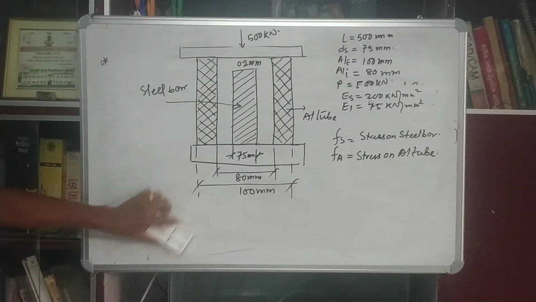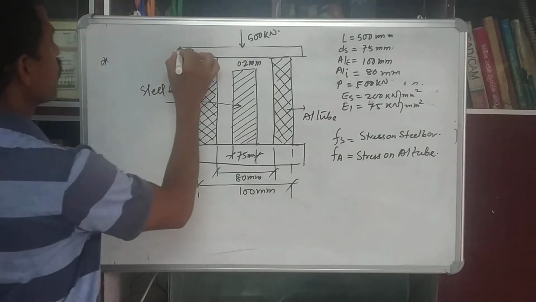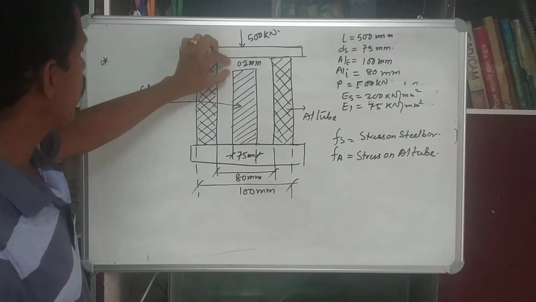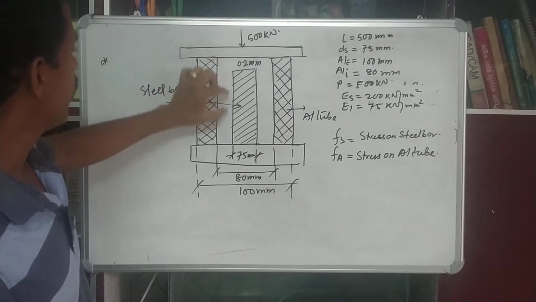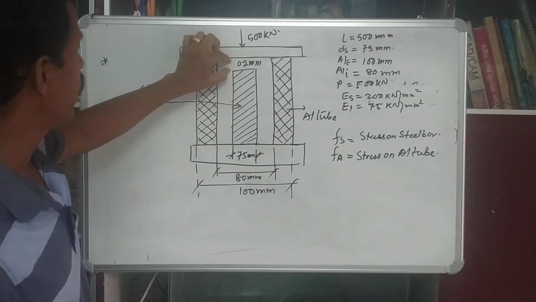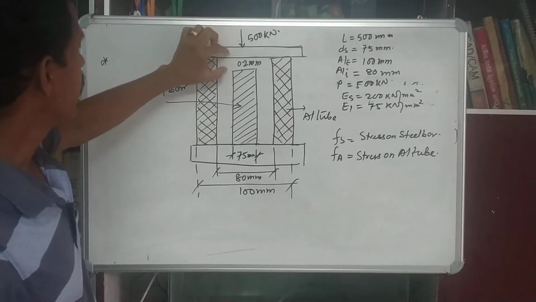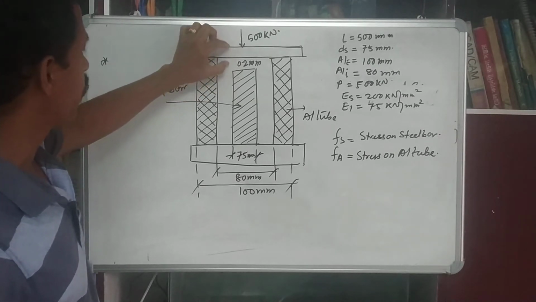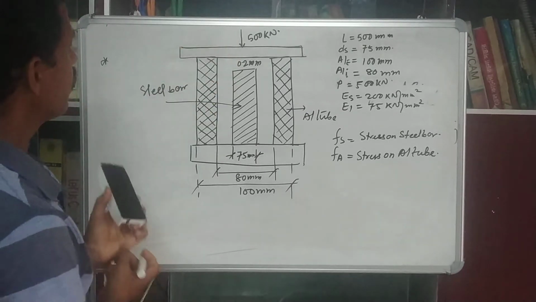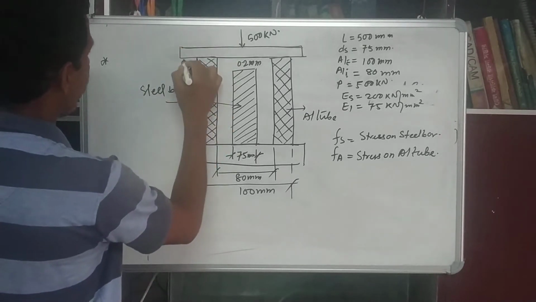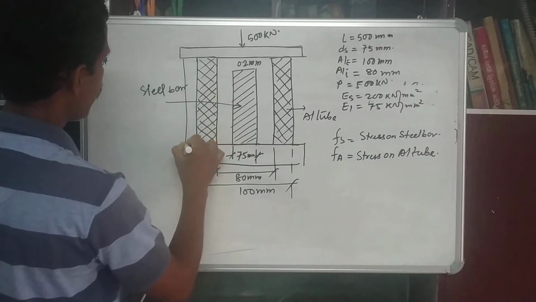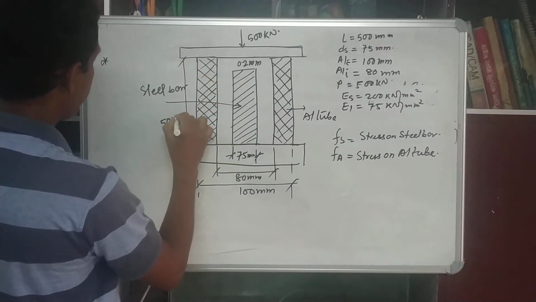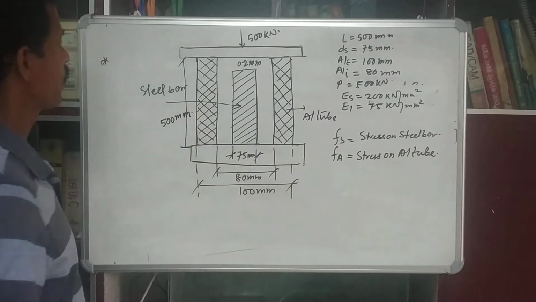Now you can see that the aluminum tube is 0.2 millimeter longer than the steel bar, so there is a gap of 0.2 between the aluminum tube and the steel bar, and the steel bar's total length was 500 millimeter.